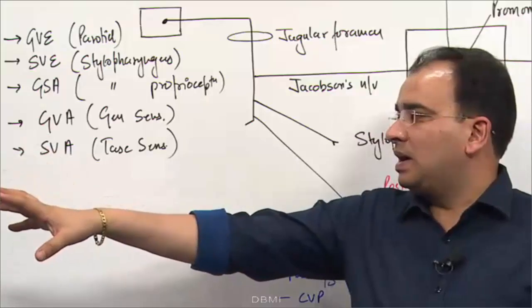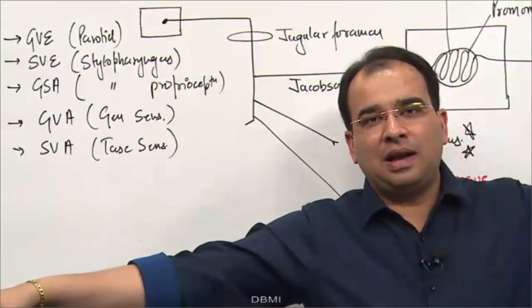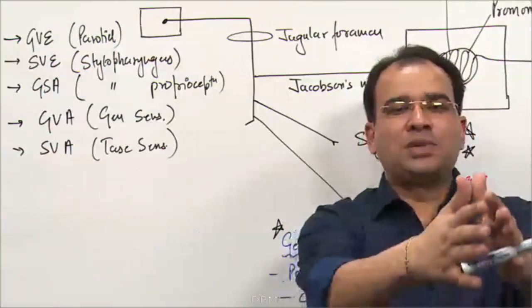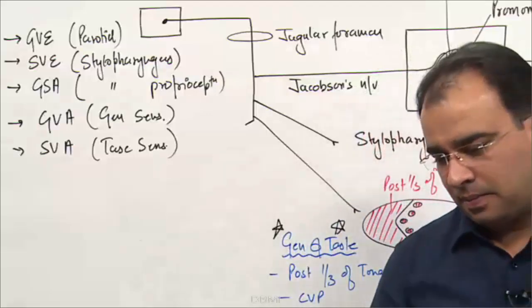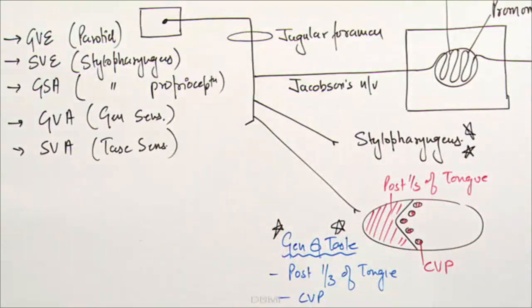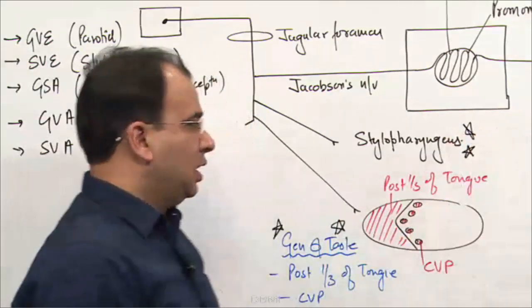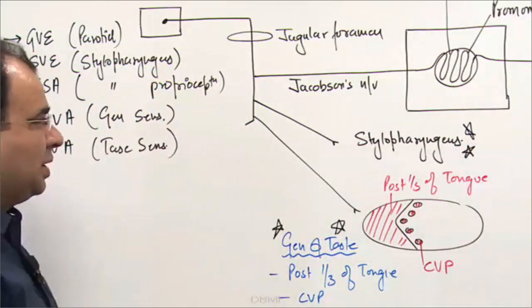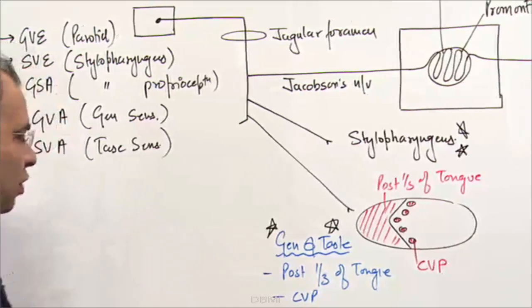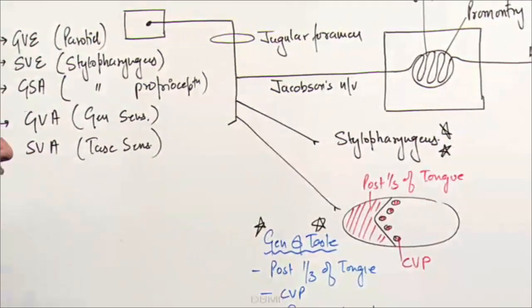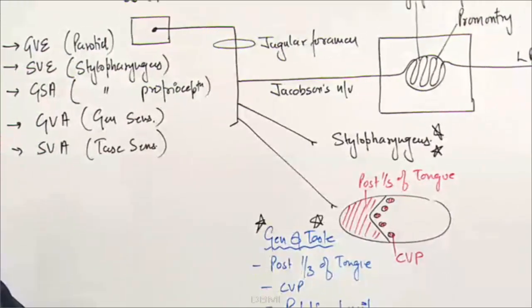So except general somatic efferent and special somatic afferent, all columns are related to the glossopharyngeal nerve. Now with this glossopharyngeal nerve, we are done with all 4 ganglions topographically and functionally. So let's make a summary chart for all these parasympathetic ganglia, and then we will move on to the next nerve.